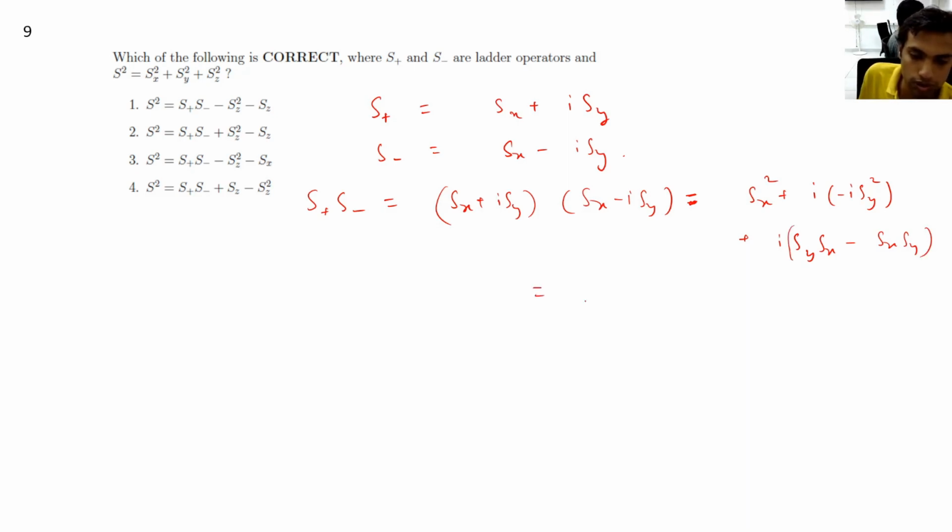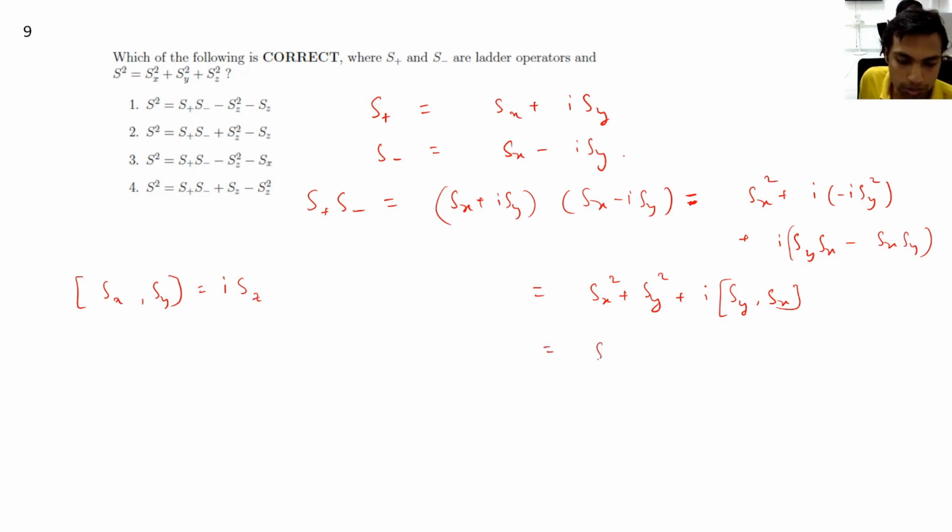So what we have here is Sx squared plus Sy squared plus i times the commutator of Sy and Sx. We know that the commutator of Sx and Sy is equal to i Sz.